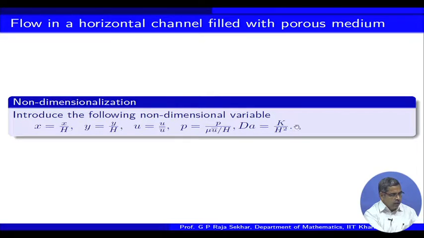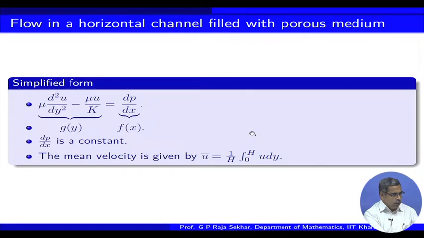In the last lecture we indicated that the permeability k has dimensions of length square, and here we are normalizing by length square. Hence, this particular parameter, which is denoted by Da, is a non-dimensional parameter, and it is called the Darcy number. So, let us see the non-dimensionalization and how we can get this Darcy number in our governing equation.